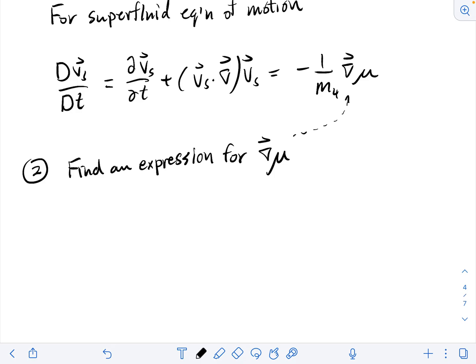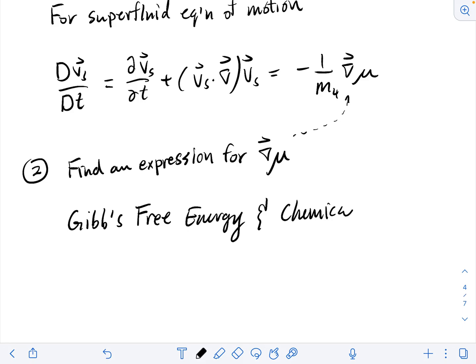And to do that, we're going to remind ourselves first of some things about the Gibbs free energy and how it relates to the chemical potential.